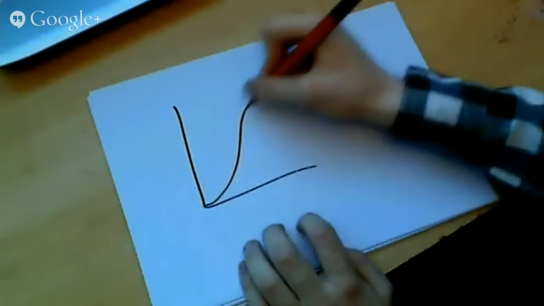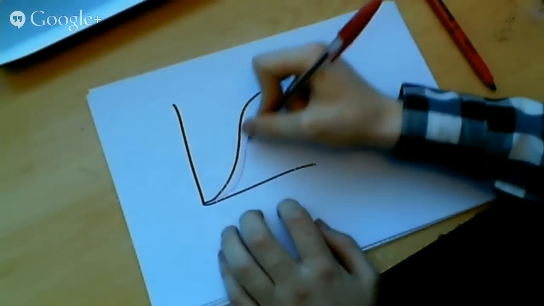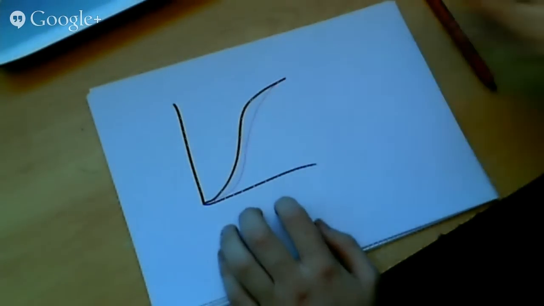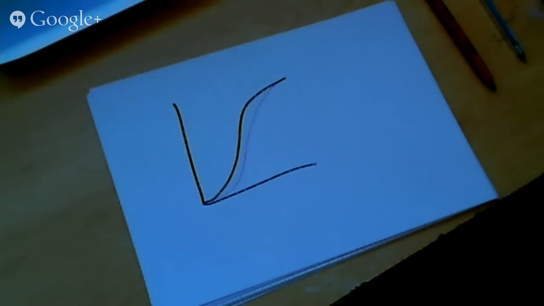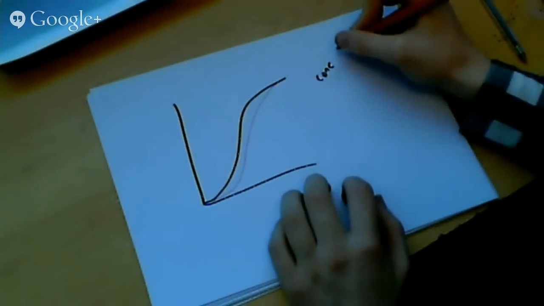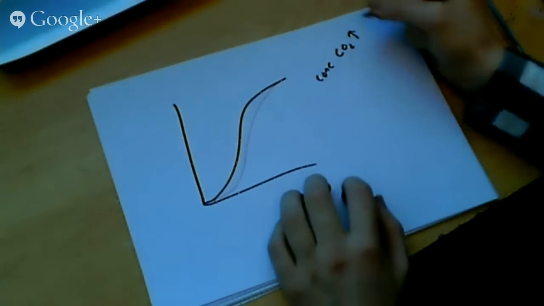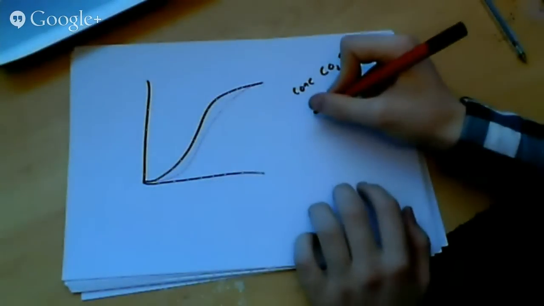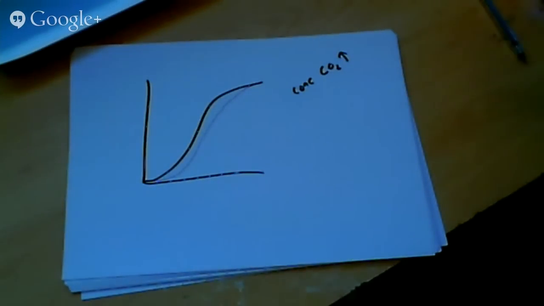The Bohr shift is, you have that. Hemoglobin has a higher affinity for carbon dioxide than oxygen, which means as the concentration of CO2 increases, a higher partial pressure of oxygen is needed to be able to pick up the same amount of oxygen.